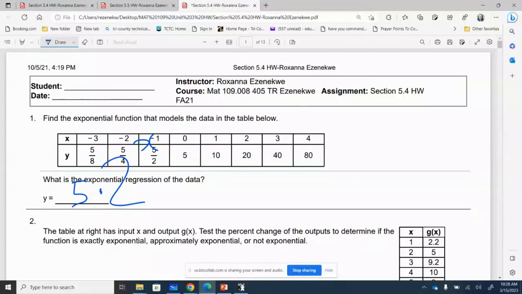So the exponential regression, you can use parentheses if you want. The reason why you are using parentheses is to show that it's not 5 squared, it is not 52. That's why you're using a. So a is 5, b is 2, the exponent is x. Okay, so we have done that. Suppose we asked another question.